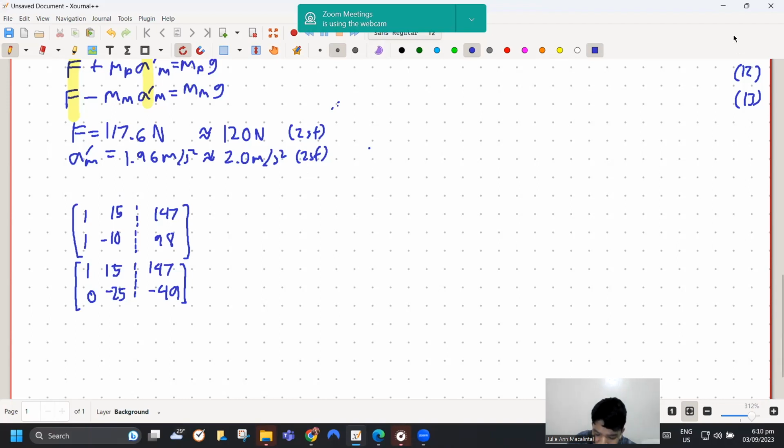Pag yung determinant was not equal to 0, mga ganun. Ganito, yung determinants ba, pakita ko sa'yo yung itsura ng solution using determinants pag 2 by 2. So, share ko lang yung screen ko.